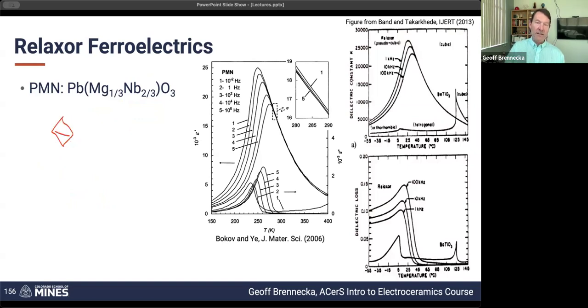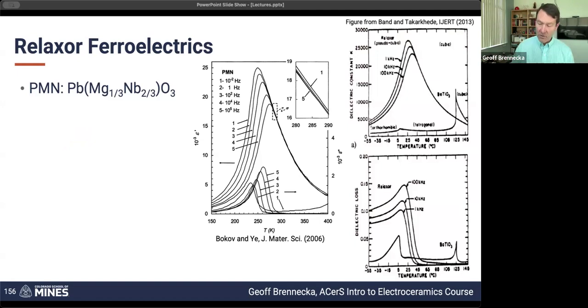Each one of these, the cation can sit just a little bit off center in either direction. Or if it's rhombohedral, it's going to be sitting off center in a different angle. And so the variety of local environments means that you've also got a wide variety of different displacements locally.